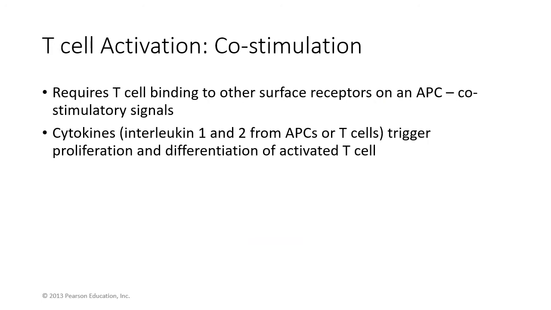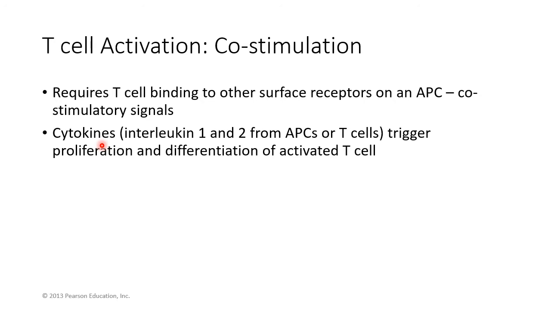So T cell activation, in order to have the full response of that particular T lymphocyte that has been activated, the T cell has to bind, okay, and it also has to release these chemical messengers. This is called co-stimulation. And these chemical messengers are called cytokines, and they're in families.